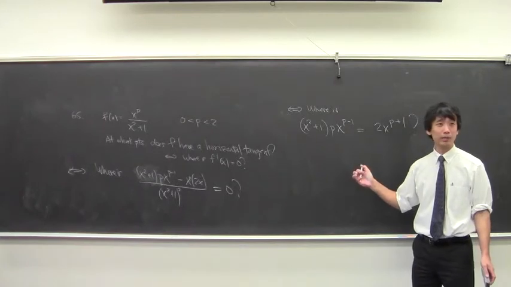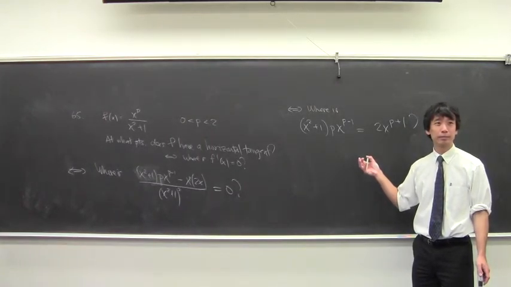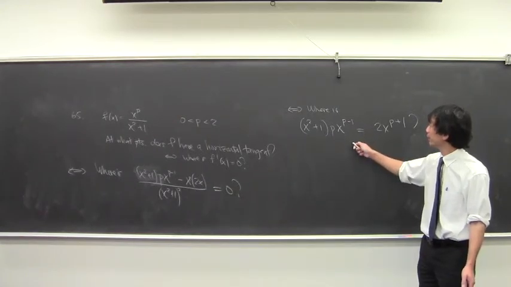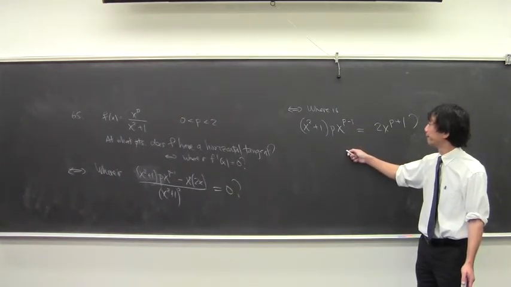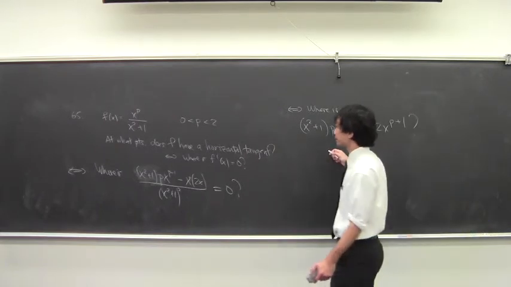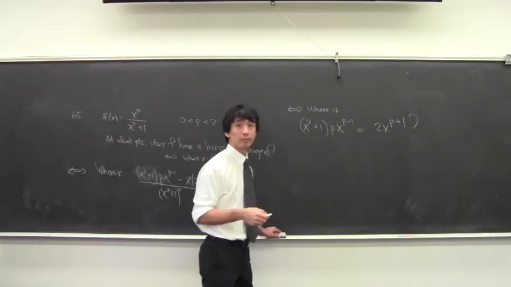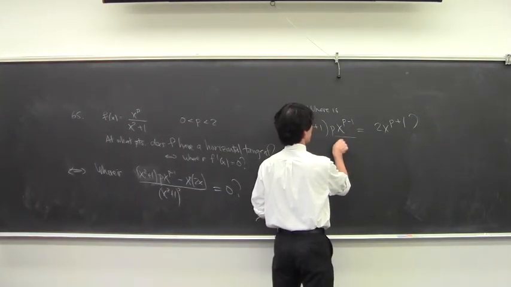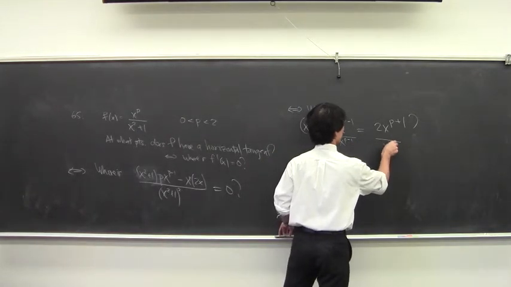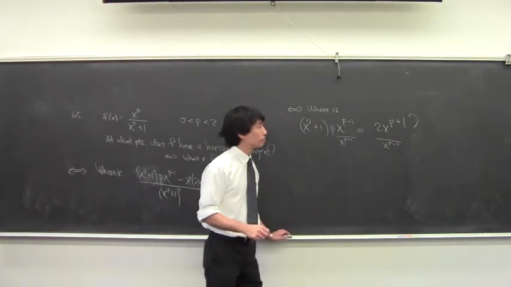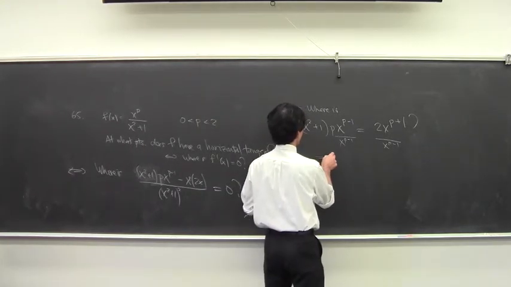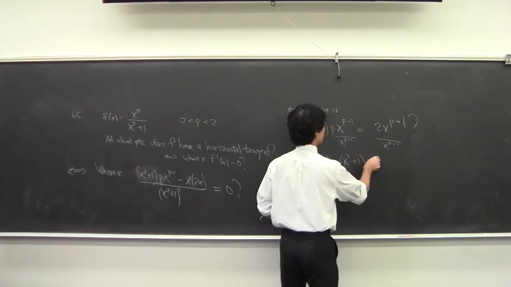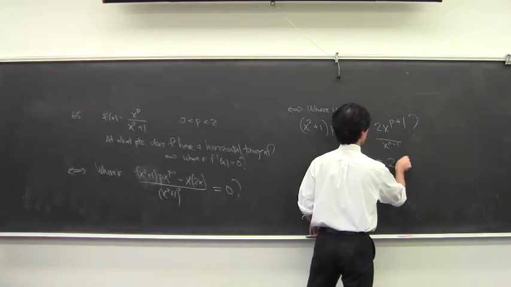Okay, and did anybody finish it? What should we do from here? One thing we could do is maybe divide both sides by x to the p minus 1. And you end up with x squared plus 1 times p equals 2x squared.